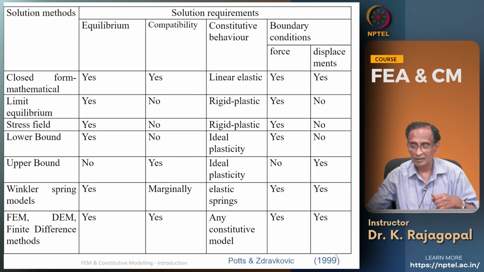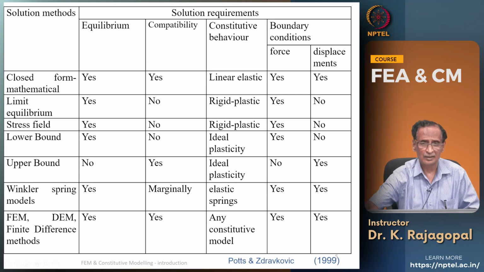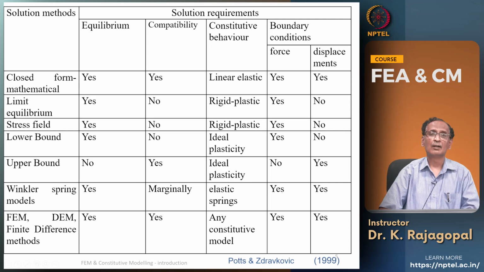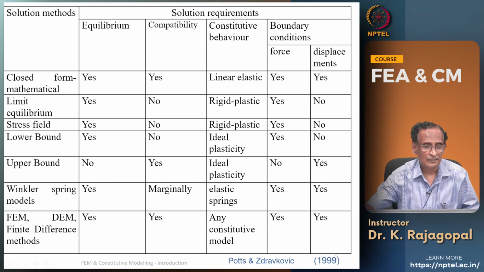Okay. And this table shows the different methods of analysis, and what the different conditions are that we satisfy. See, the closed form or mathematical methods satisfy the equilibrium equations.